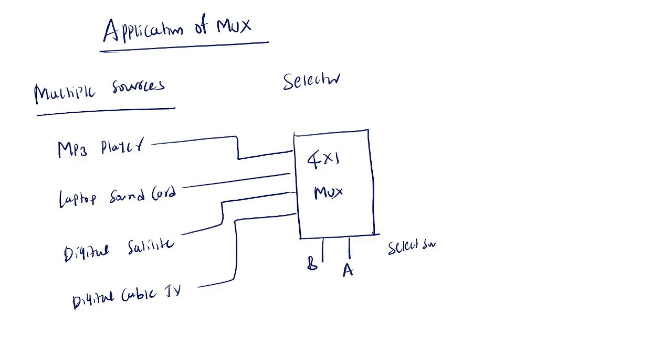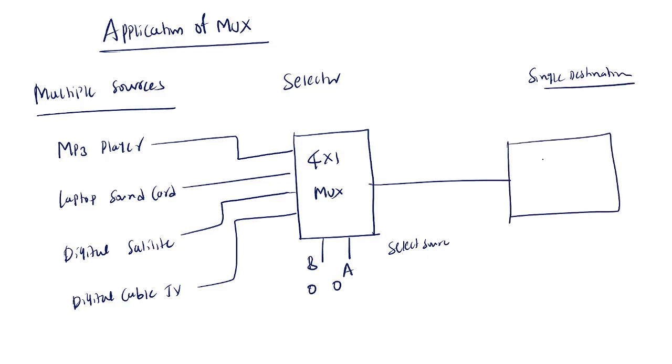Suppose it is 0, 0, this is connected to a single destination. So the output is what? The output is my sound, so it is given to the sound box. This is a surround sound system.